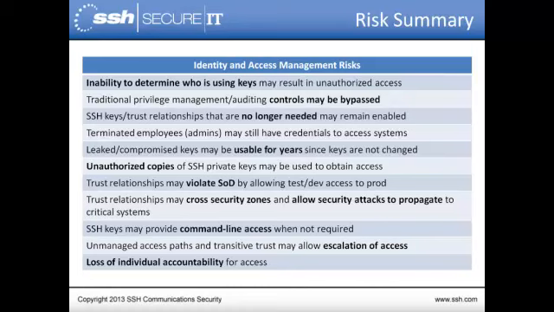And lastly, the complexities of SSH key-based trust relationships, especially transitive trusts, can allow security attacks to propagate throughout a network in unexpected ways. If an attacker is able to gain a foothold within the network, SSH keys can provide the access mechanism for the bad guys to expand and escalate their attacks throughout the network and ultimately reach the most critical servers.